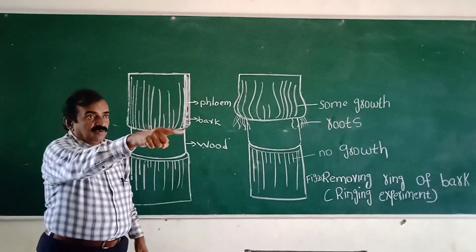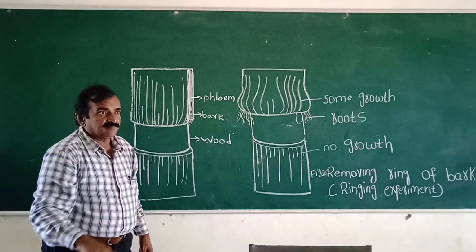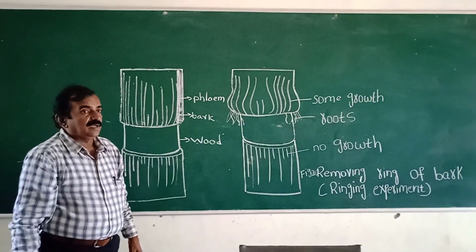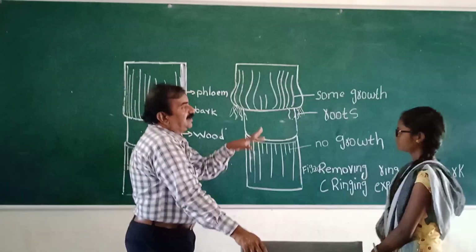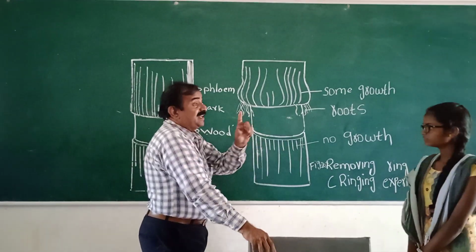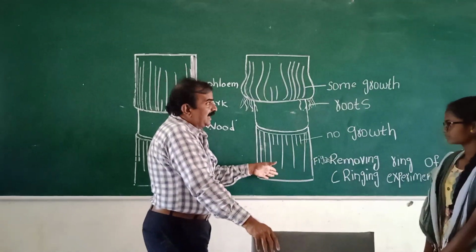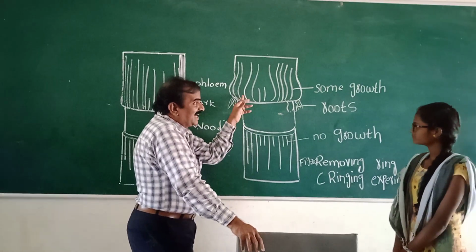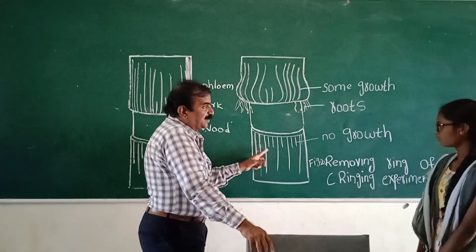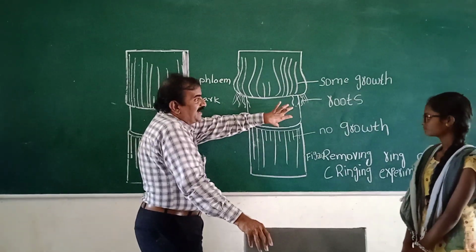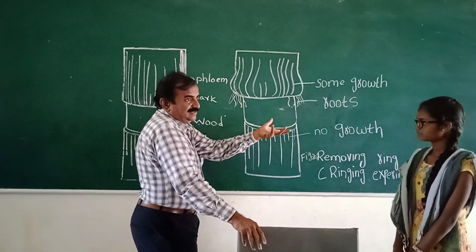Why does this plant die after a few months? There is no food for the lower part. Food is stored here, but not transported to the lower part. That is the reason the plant dies.